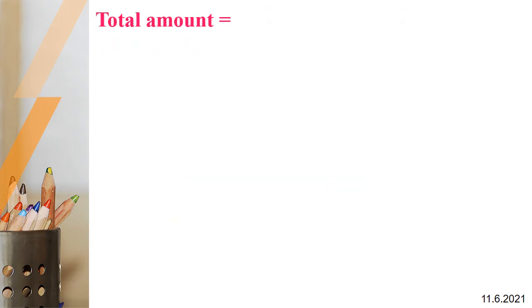Now let's find the total amount for 25 tables and 25 chairs. So let's add the cost of 25 tables, that is 25 × 650, and the cost of 25 chairs, that is 25 × 450.